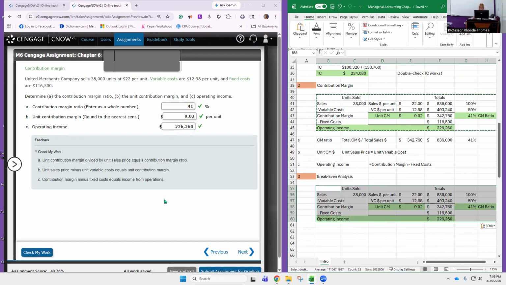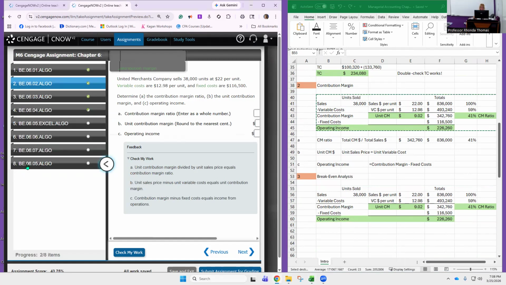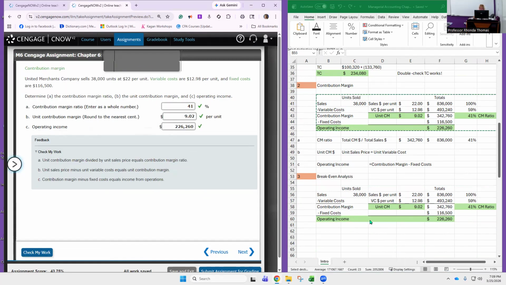Okay, now there are formulas for breaking even. Okay, so it's okay to use those too, but you should be able to prove that you have zero operating income if you sell a certain number of units and a certain dollar value.